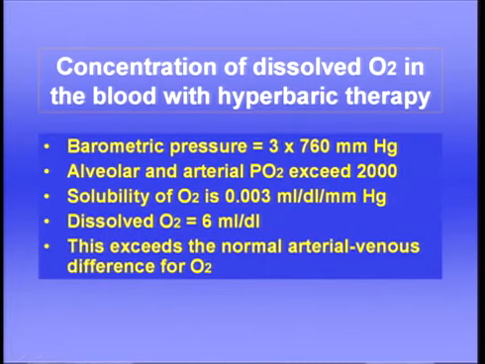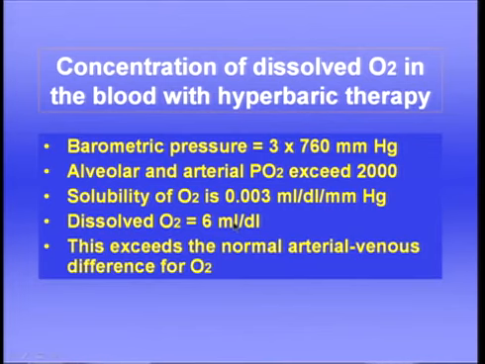Very high value. Well, you recall that the solubility of oxygen is 0.003 mils of oxygen per deciliter per millimeter of mercury. And you can see then that if you increase the pressure to 2,000, the dissolved oxygen, the oxygen dissolved, not attached to hemoglobin, is 6 mils per deciliter.